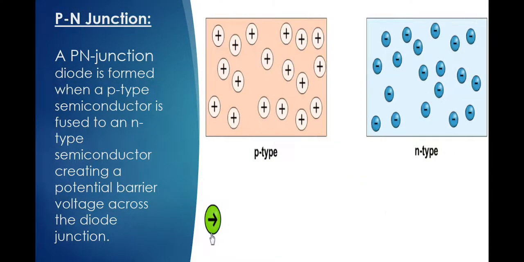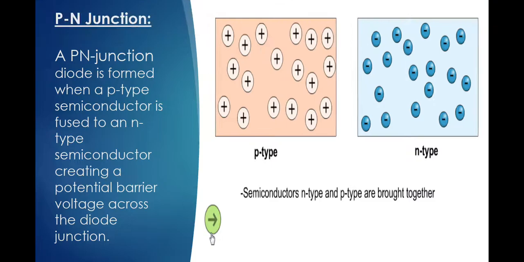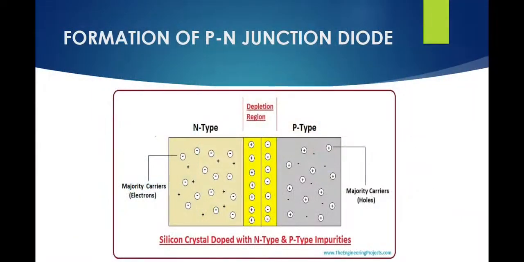So in this picture you can see that in n-type material the major carriers are electrons, whereas in p-type material the major carriers are holes.